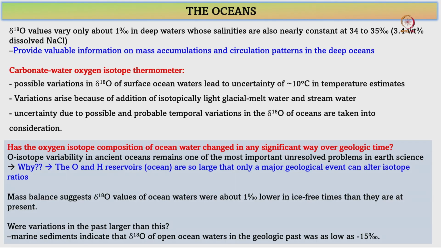We look into water that is trapped in between the sediments. We look into sedimentary rocks, we see if there is any trapped pore water, and if this water dates to several millions of years old, we see if it can be suitable for delta 8 values, because often it so happens that once you extract that, it has to be done very properly.